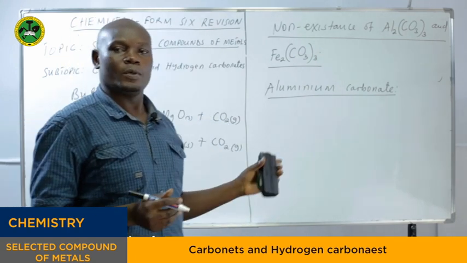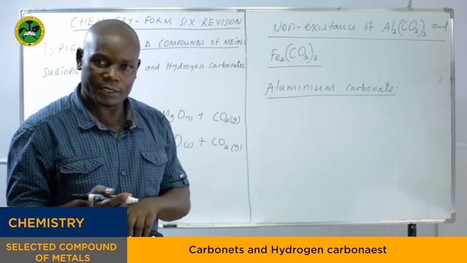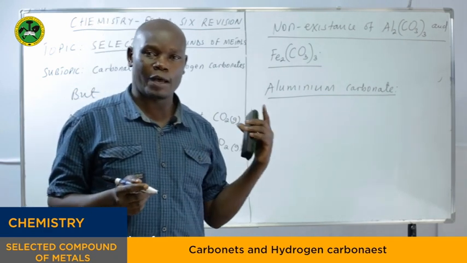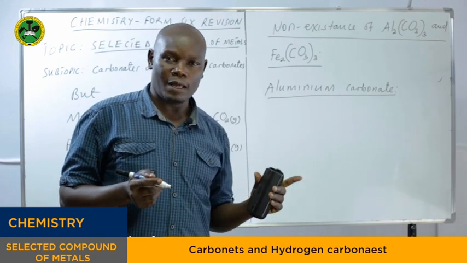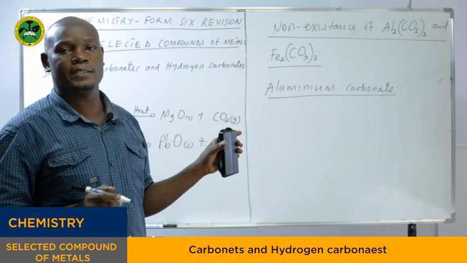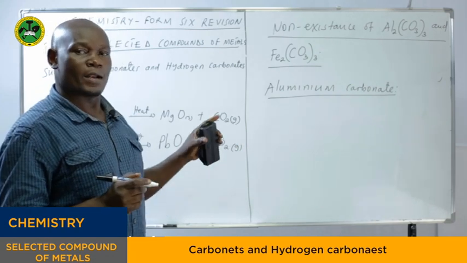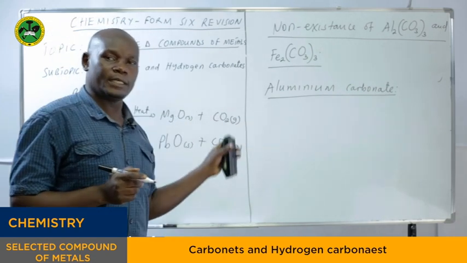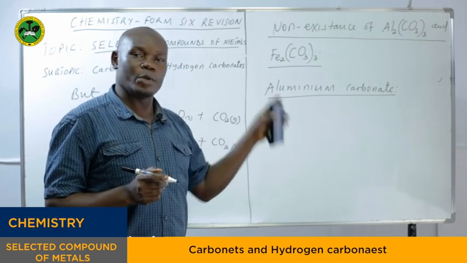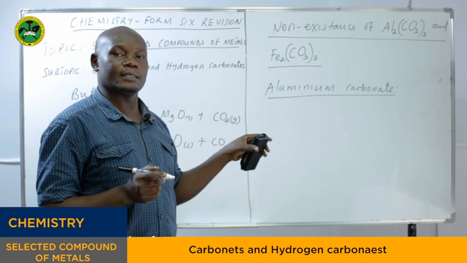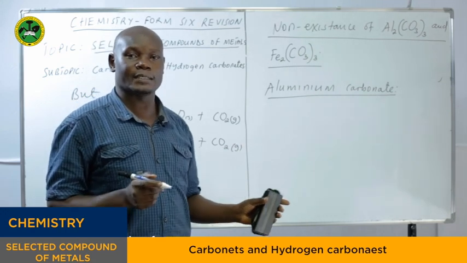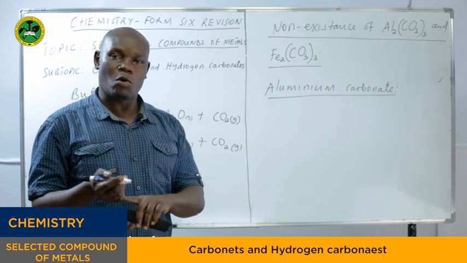This is due to the smaller cationic size of aluminium and the high polarizing power of aluminium. The smaller cationic size and the higher polarizing power of aluminium polarize the carbon-oxygen bond in the carbonate and weaken it, resulting in breakdown. Then the resulting product becomes aluminium oxide.